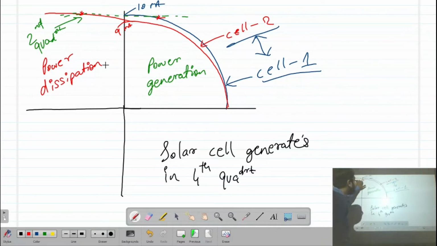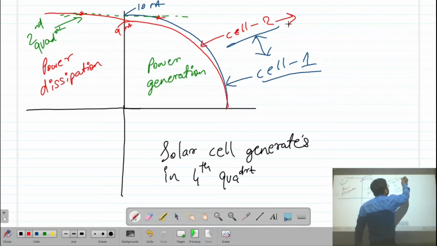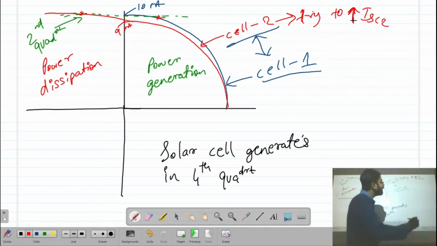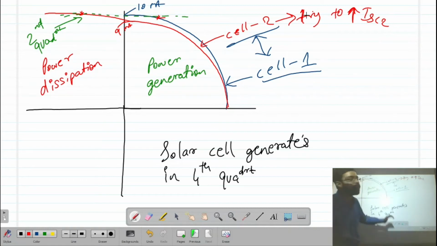So, in order to match the current with cell 1, cell 2 will try to increase ISC2, but in that process the operating point shifts towards the second quadrant, and in that quadrant cell 2 will start dissipating.